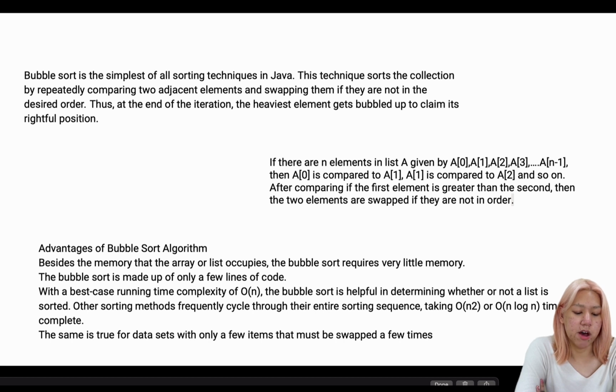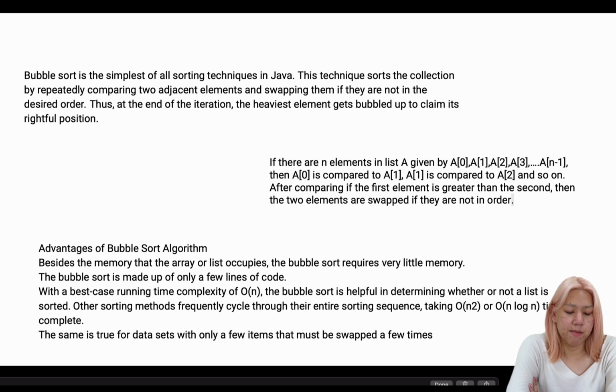Advantage of bubble sort algorithm: besides the memory that the array or list occupies, the bubble sort requires very little memory. The bubble sort is made up of only a few lines of code with a best case running time complexity of O(n). The bubble sort is helpful in determining whether or not a list is sorted.